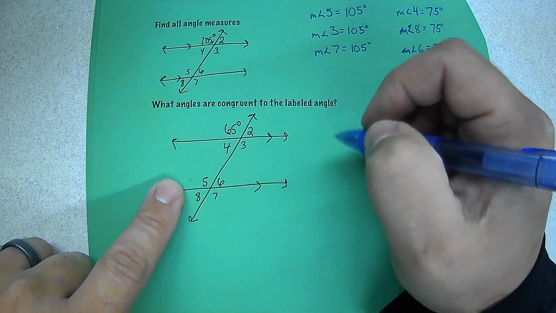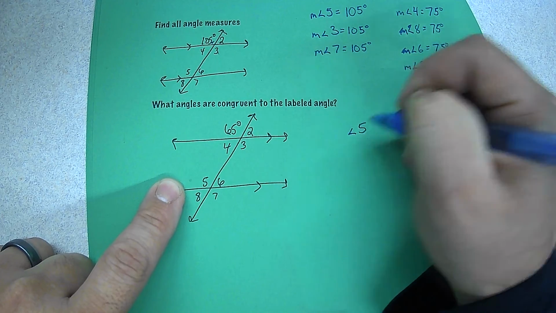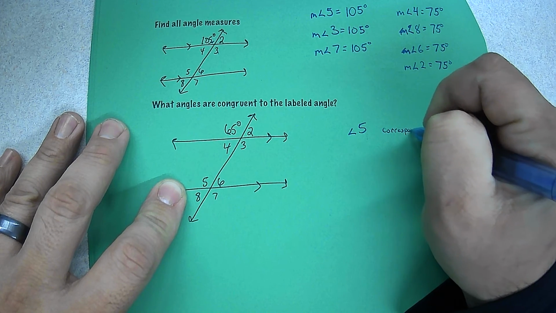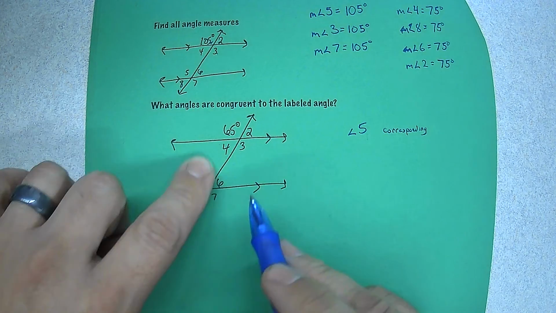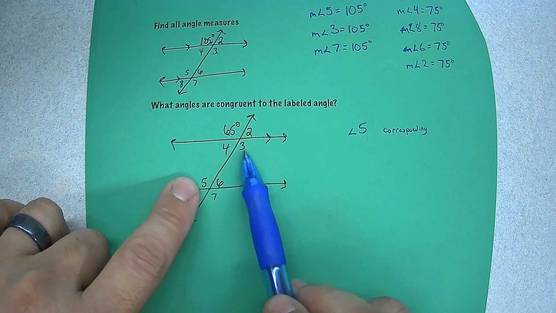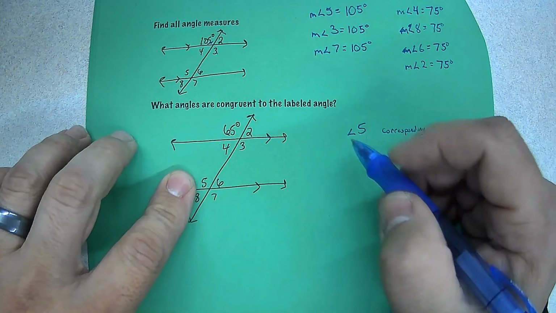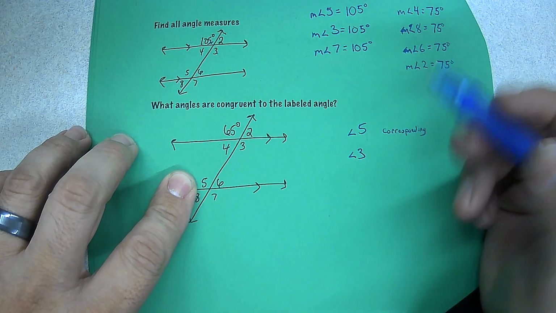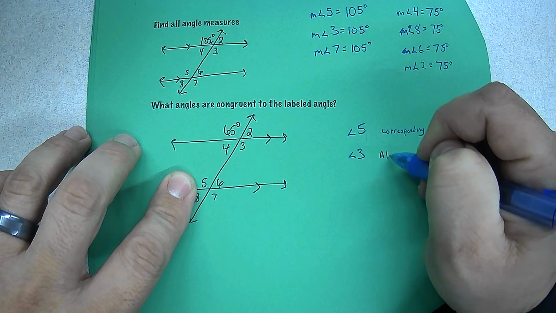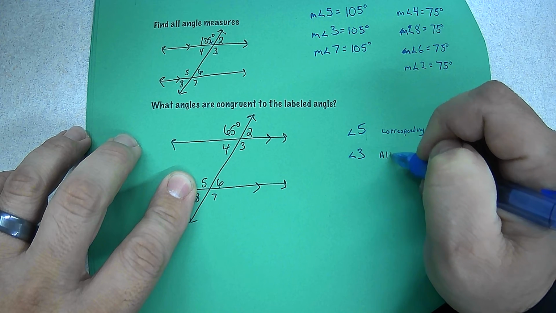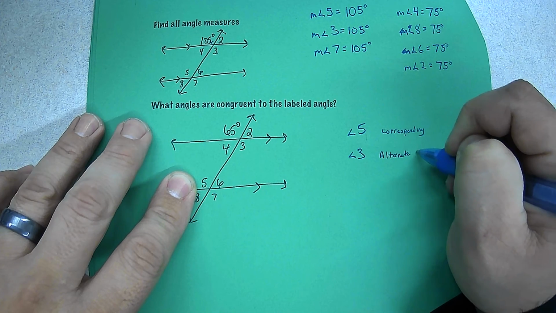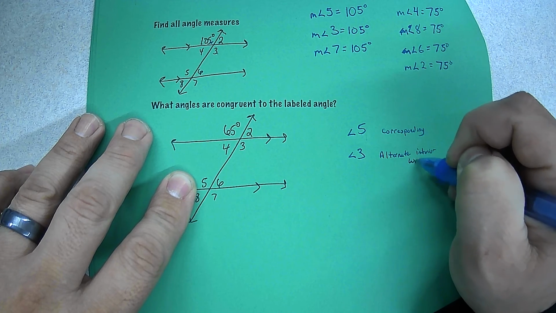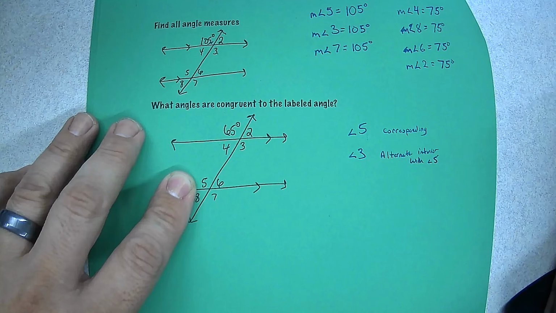We know that angle 5 is going to be congruent because of corresponding angles. We know angle 3 is going to be congruent; this could be because of vertical angles. It could also be because of alternate interior angles with angle 5.